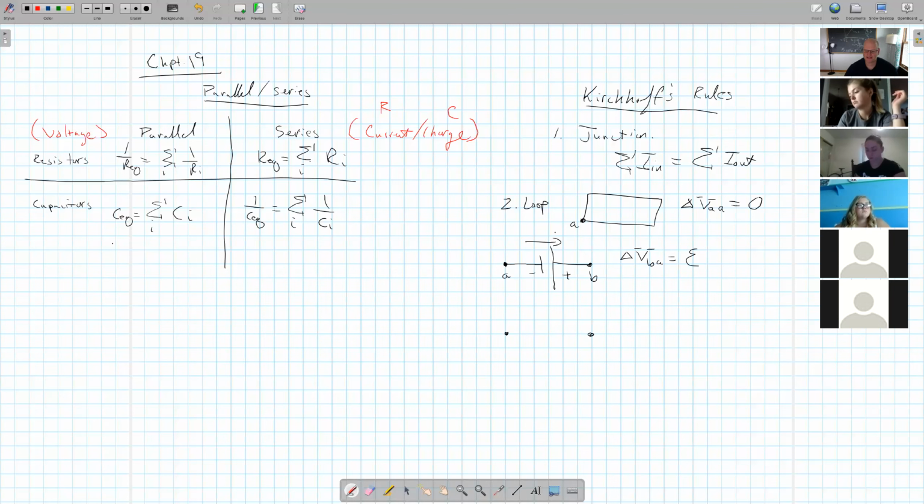If I have my resistor, this is A, this is B, and let's say our current is going from A to B. In this case, my change of potential going from A to B would be equal to negative I times R. So as long as I'm going in the same direction as the current, this is negative, positive otherwise.